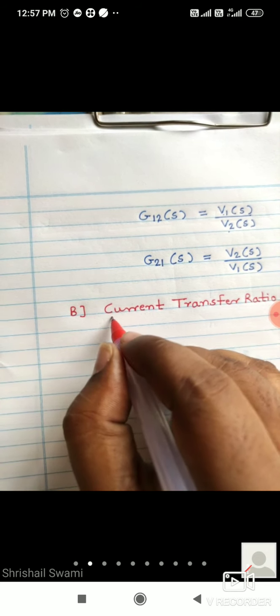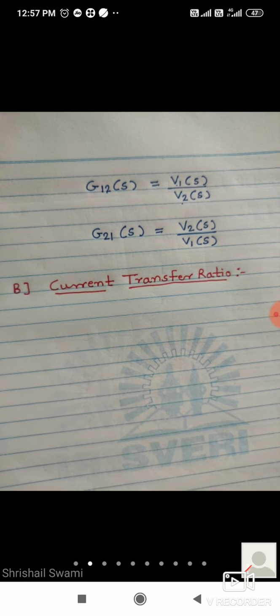Second one, current transfer ratio. So how you can define this network function, transfer function? Anyone? How we can define current transfer ratio now?